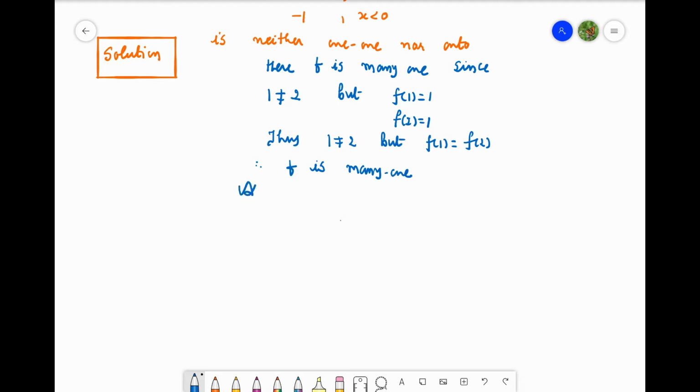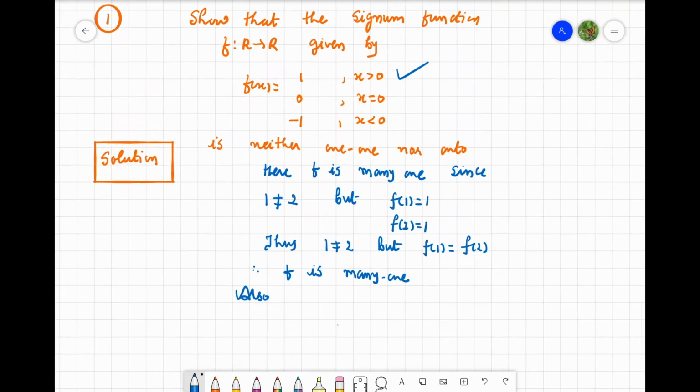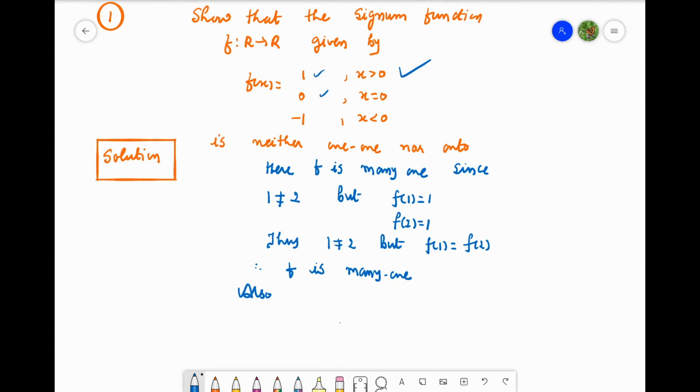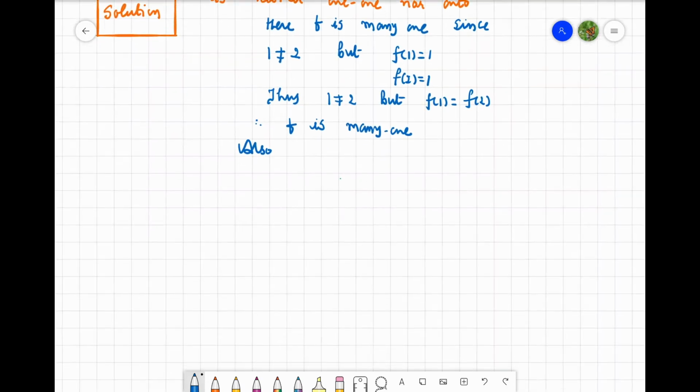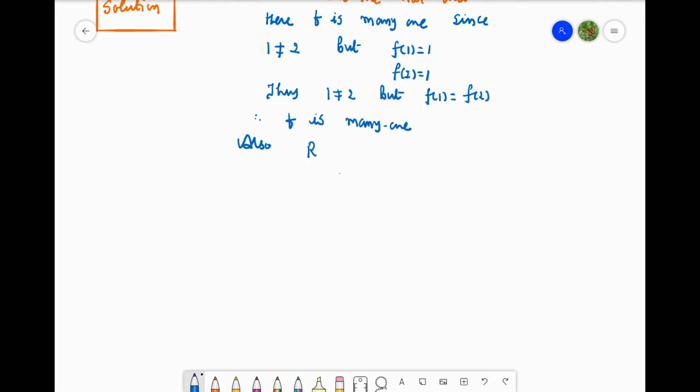Also, the range of the function is only 1, 0 and minus 1. So the range of f is the set {minus 1, 0, 1}, which is not equal to the codomain R. So the range is not equal to the codomain, therefore f is not onto.